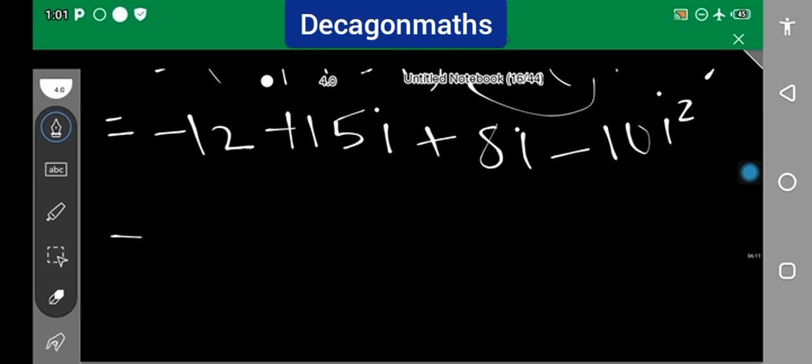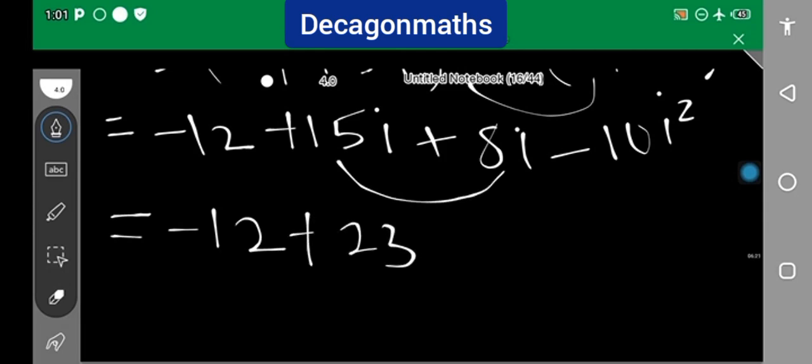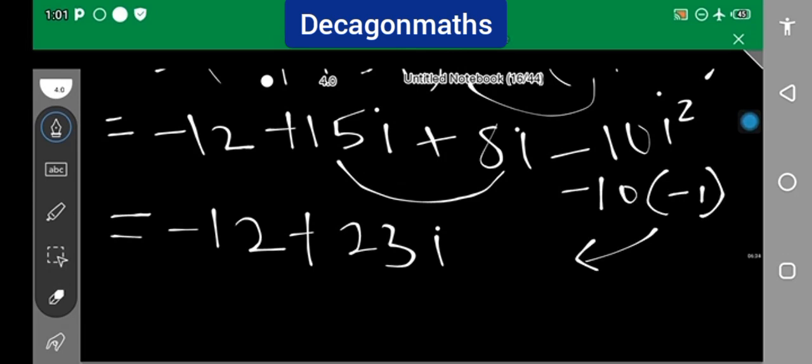This equals minus 12. 15i plus 8i gives plus 23i, while for this one i squared is minus 1, so we have minus 10 multiplied by minus 1, that gives a plus 10, right?